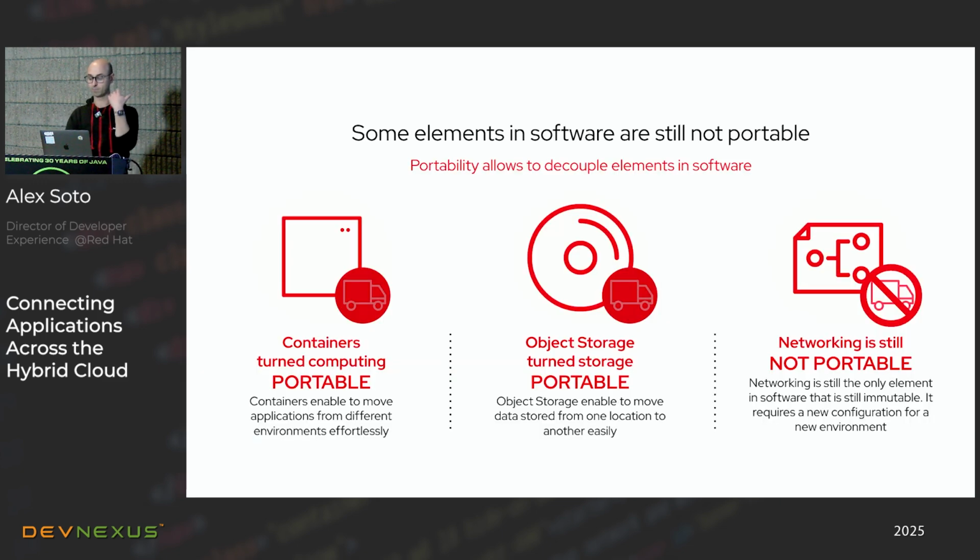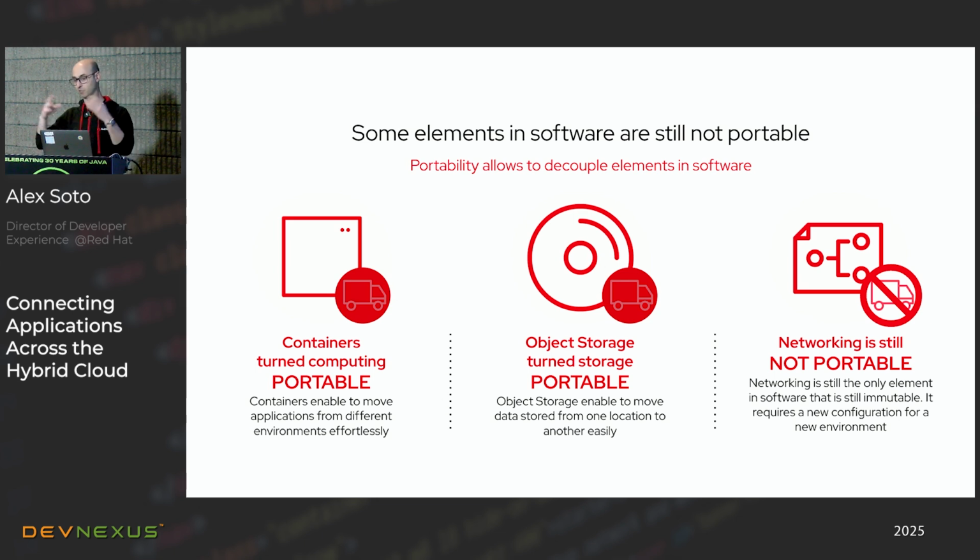Also, it's about portability. Thanks to containers, we made computing workloads portable. So now we can create a container and move it, the same container, running in my laptop, in a pre-production environment, in a production environment, and it's always the same. Then, at some point, thanks to Kubernetes, we were able to make object storage portable.